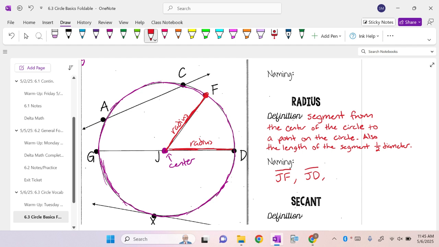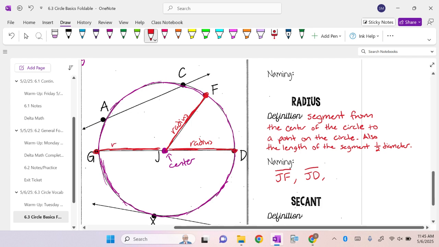J to G. So from J to G, that could also be considered a radius. We can label it as such. Again, when it comes to a radius, as long as it goes from the center to the edge of the circle, it is considered a radius, even if it is part of another segment. All right.